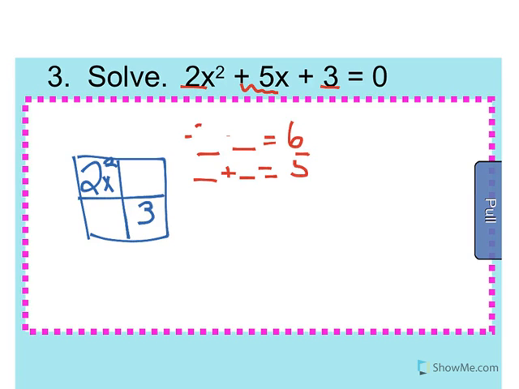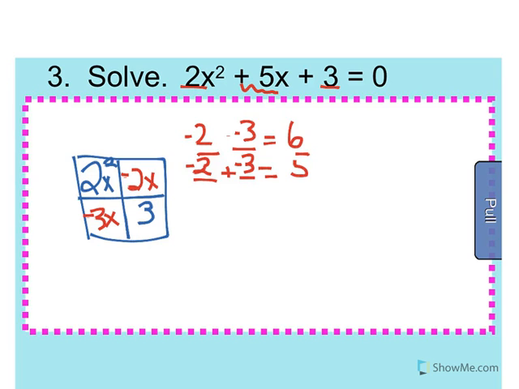I'm going to go with negative 2 and negative 3 because that multiplies to a positive 6 and that adds to a negative 5. 6 and 1 will not work because of the signs when you get to the addition statement. So we have negative 2x and negative 3x.